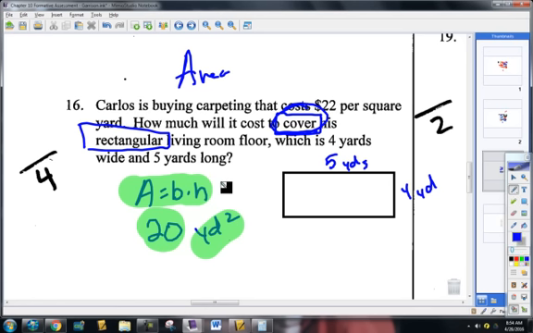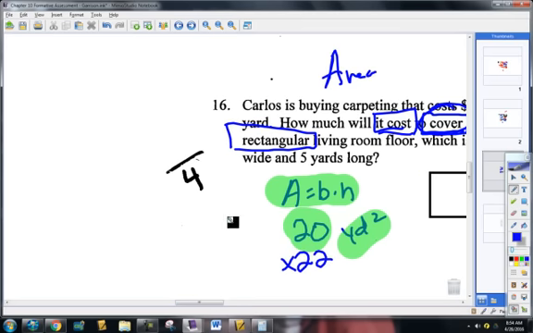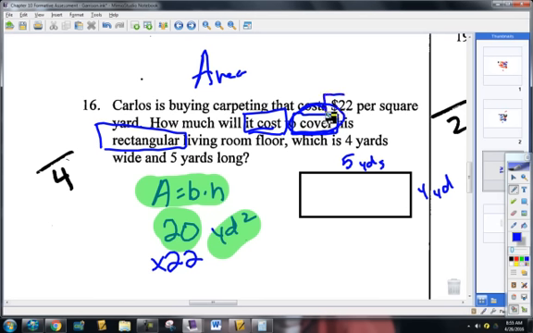Now we've got to answer the question. We didn't want to know what the area was. We just had to figure that out. We wanted to know how much it's going to cost him. Well, again, most of you probably just did 20 times 22, right? That's fine. But I just want to make sure you do understand. Just like the one before this, when we did the grass seed, isn't that right there just a fake ratio, guys?